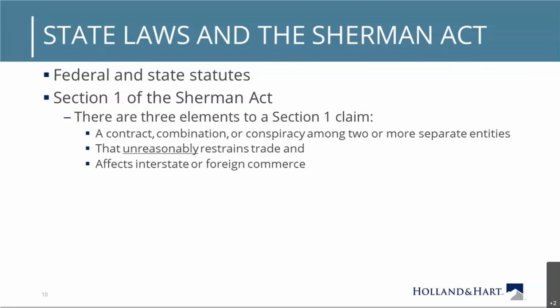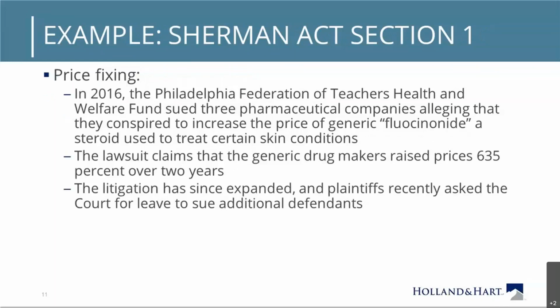Now, it's a good thing we have "unreasonably" in there, because every contract in some way, shape, or form is going to restrain trade. When you have an agreement, it necessarily takes some product or service and funnels it into the context of that agreement so that other people can't enter into their own agreements. And so you'll always have some restraint of trade. The question is whether that restraint is unreasonable.